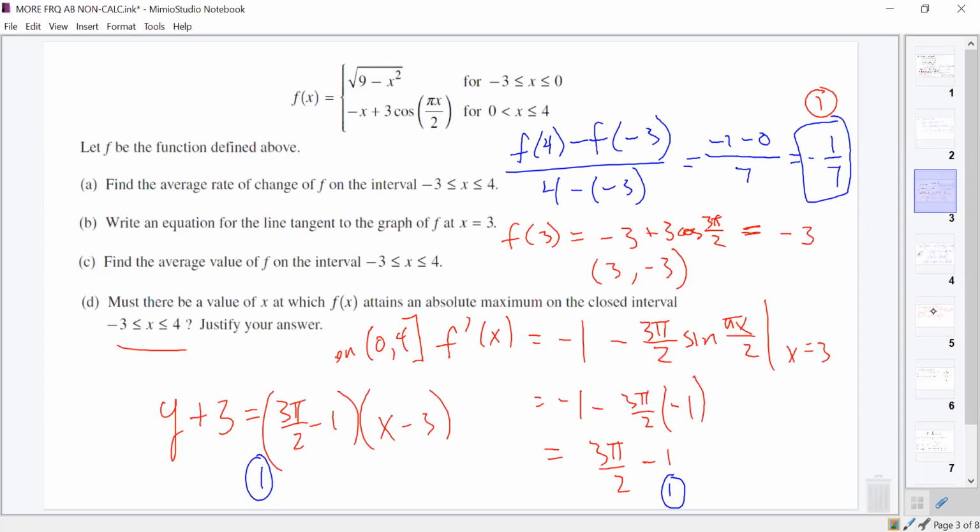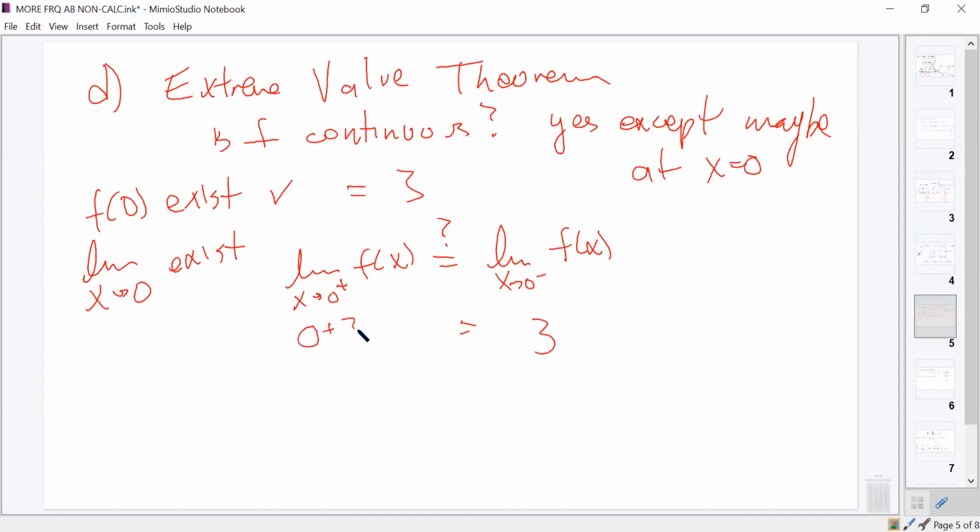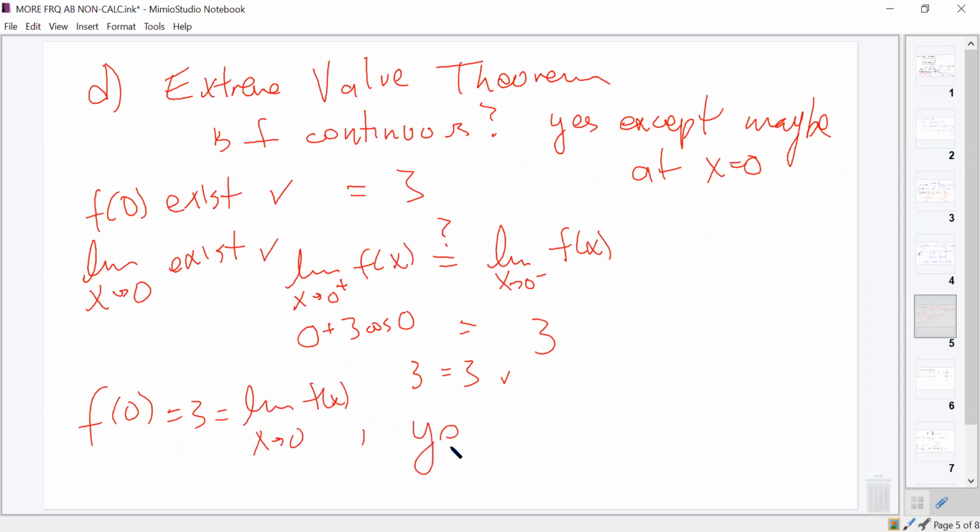So we end up with 0 plus 3 cosine of 0, which is 3. So 3 equals 3. Yes, that limit exists. So if the limit as x approaches 0 exists and f of 0 exists, and they're equal to each other, they're both equal to 3, then yes, by the extreme value theorem, because f is continuous on that interval.